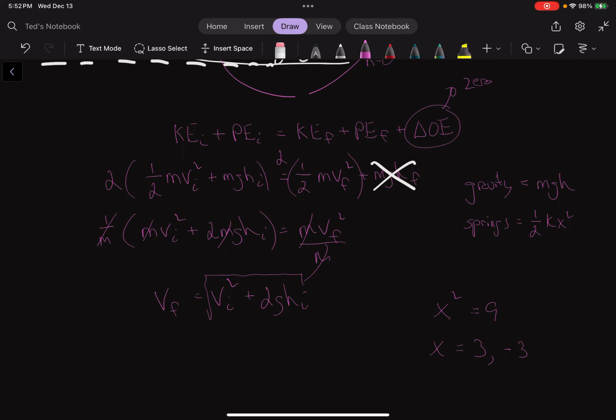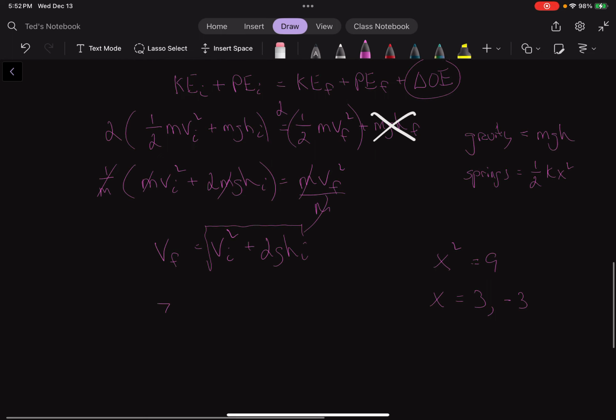Notice I didn't need the mass of the skateboarder. It canceled in the problem. This would be the same answer regardless of the mass of the skateboarder. That's kind of interesting. And we get an answer of 7.93 meters per second for the final velocity of the skateboarder.